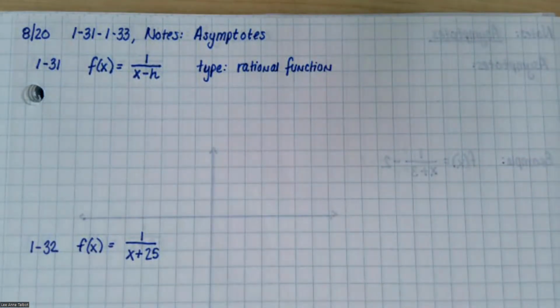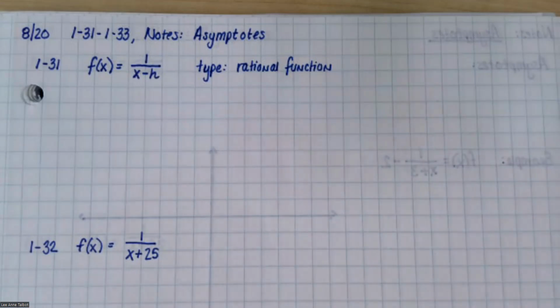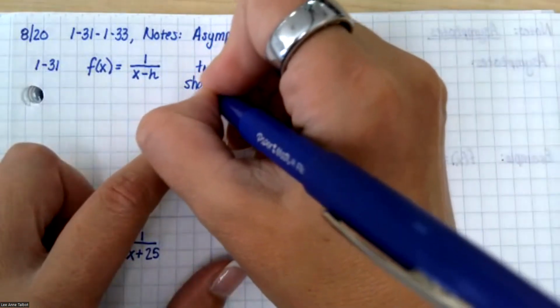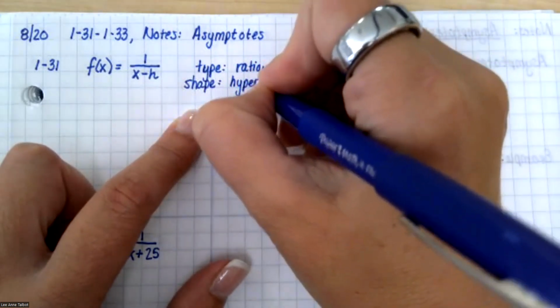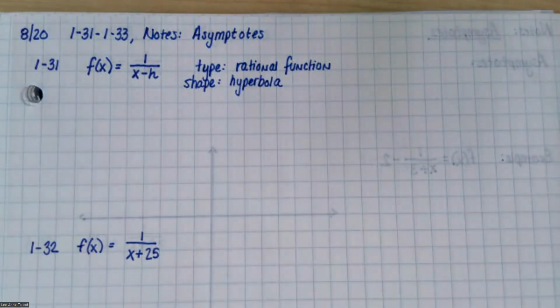And that's something you're just going to have to remember for that quiz. One of the things you're going to have to be able to do is be on the lookout for that 1 over x situation. And the shape is going to be a hyperbola.